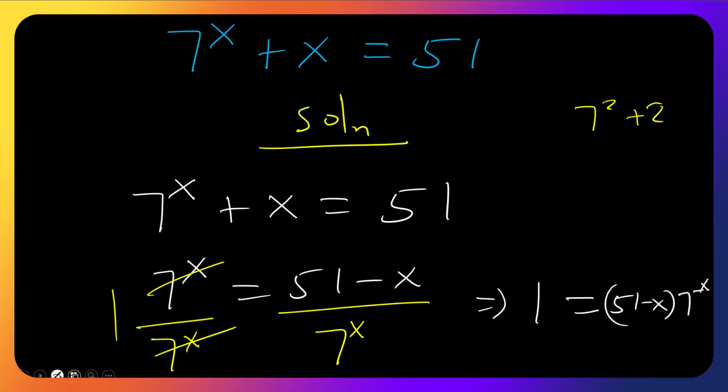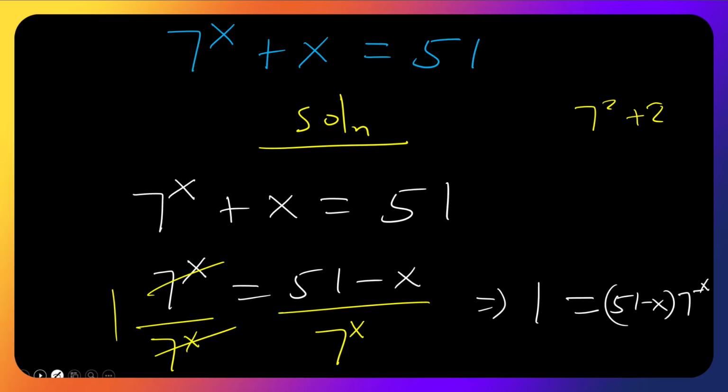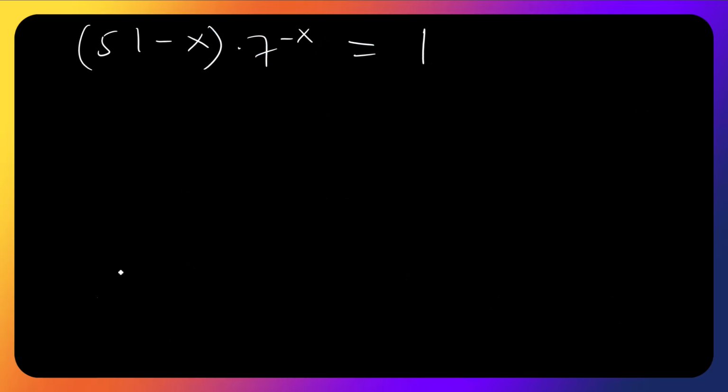So we have 51 minus x times 7 to the power minus x equals 1. Now let's be very careful here.